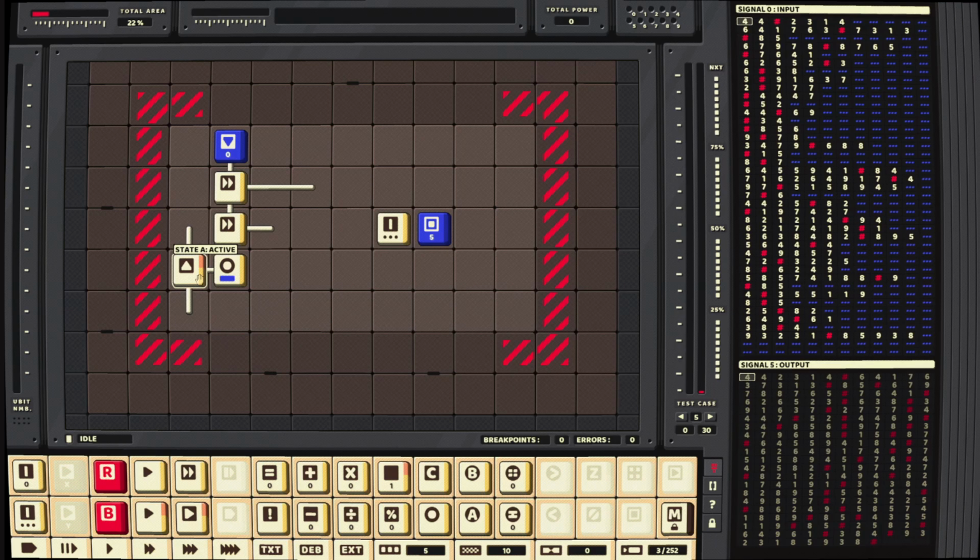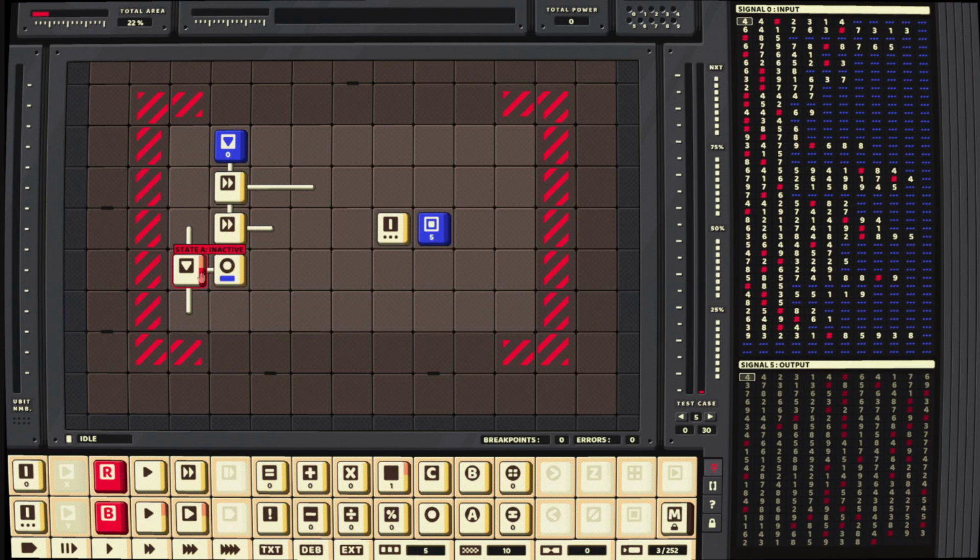So the default state, I guess, should be off. And then when it's on, it can go down here.